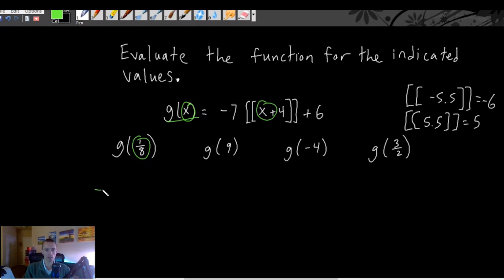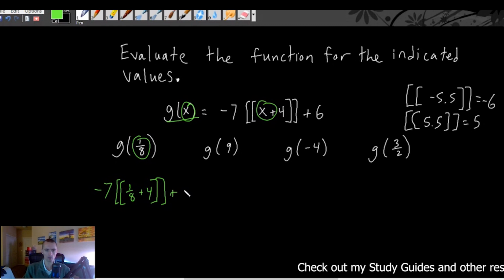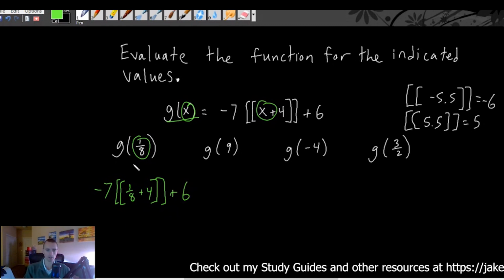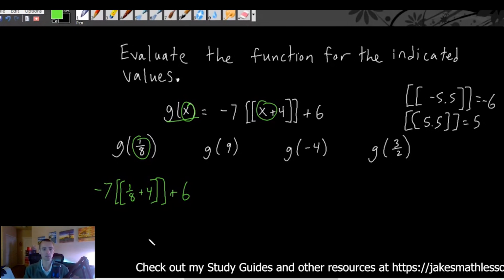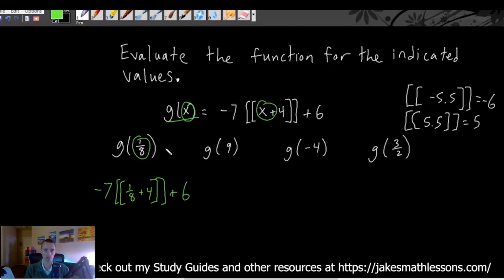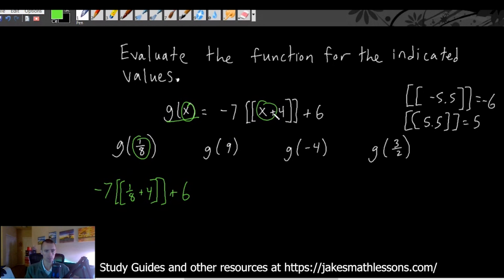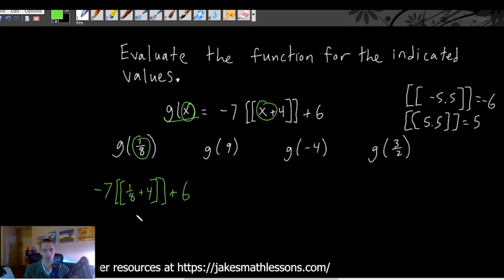That would be -7 times the step of 1/8 plus 4, and then close that step function part and then add 6. So basically this is the unsimplified version of what g of 1/8 means. You're just going to your function g, replacing any x you see with whatever number is in the parentheses there, in this case 1/8.